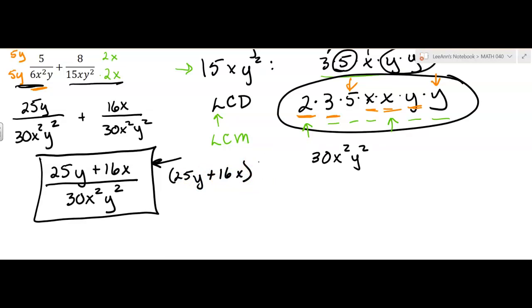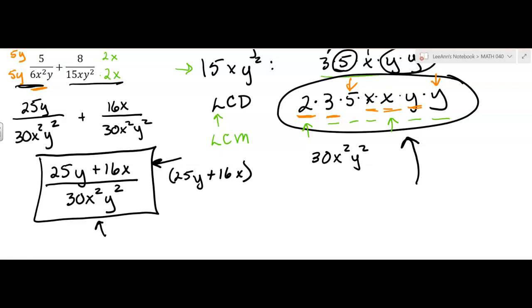I can't factor that numerator anymore. Okay? The denominator, I can think of those factors like I have drawn out over here, but none of them are going to cancel because I don't have any of those factors in the numerator. Okay, so that's why it doesn't simplify. You can't add the terms in the numerator, and you can't factor the numerator. So you're done. Long explanation, but I hope it helped.